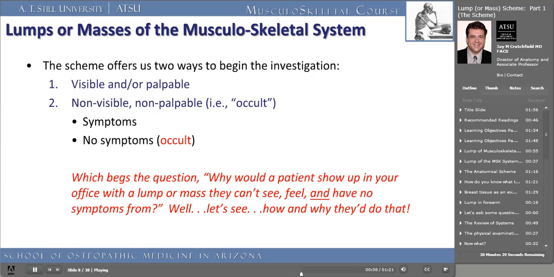Again, the best example is a small asymptomatic tumor of the adrenal gland called the adrenal incidentaloma. Hence, a patient can present to a surgeon's office with nothing more than an abnormal radiograph or CAT scan in hand. We treat such lumps or masses now as visible as the scheme tells us what to do next.